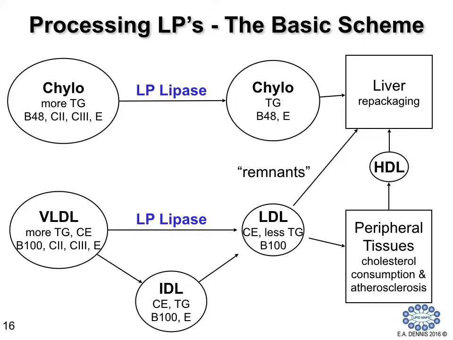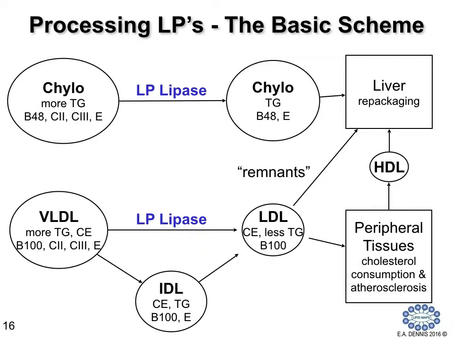The liver creates VLDL and sends it out, and it too is acted upon by lipoprotein lipase to hydrolyze triglycerides, forming some intermediate density lipoproteins denoted here as IDL, and eventually converting them to LDL, or low density lipoproteins, which have much less triglyceride and are retaken up by the liver and repackaged.